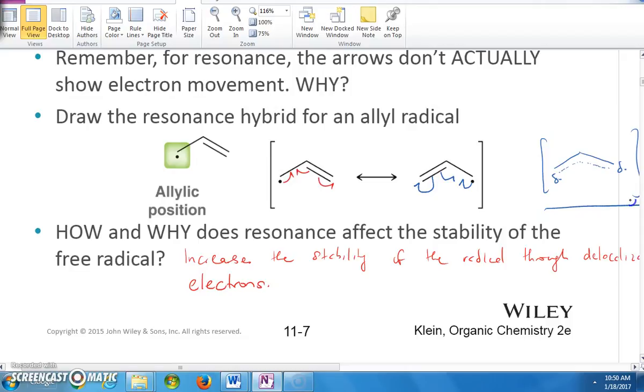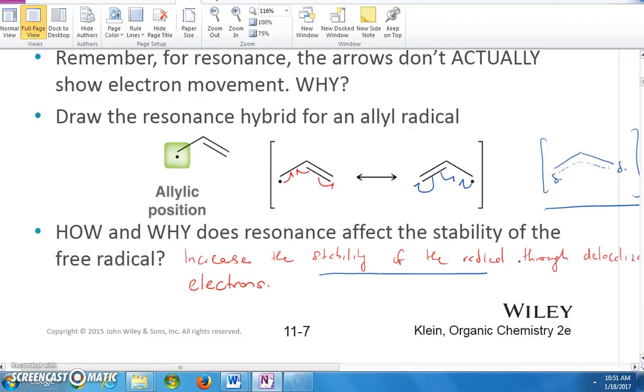Now, how does resonance affect the stability of the free radical? Remember that resonance increases the stability of the radical through delocalization of electrons. Remember, we learned in Chem 12B that a localized charge is less stable than a delocalized charge.